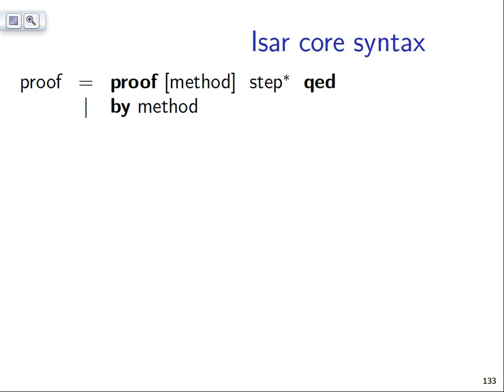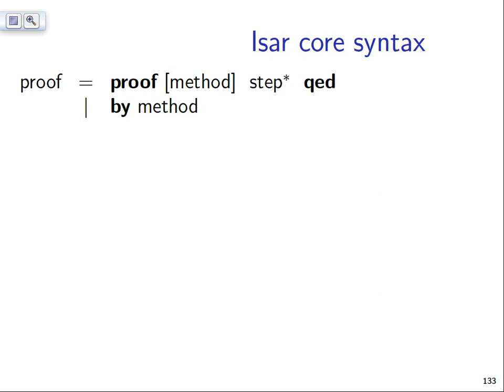Then let's really look at the syntax, the core syntax. There's a lot more, but this is what we will initially start with. So what is a proof in that language? It's either a structured object with a begin and an end, namely proof and QED, and then optionally, so these square brackets around the method are not part of the concrete syntax, but part of the meta language, and it means this method here is optional.